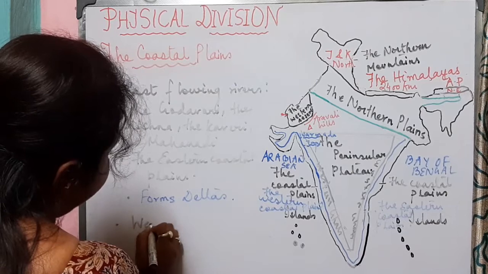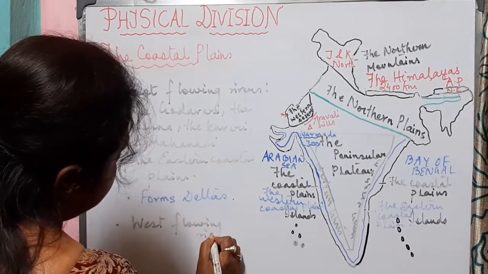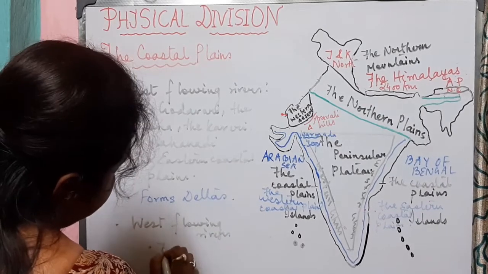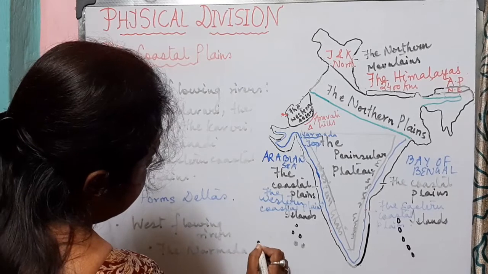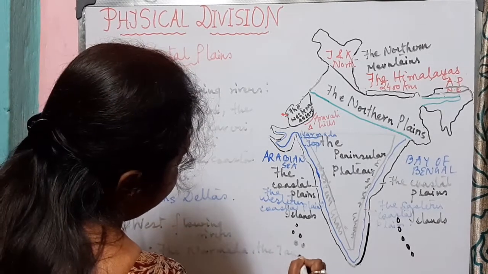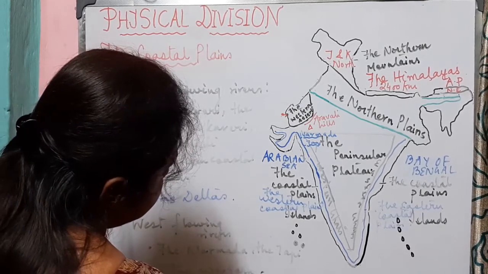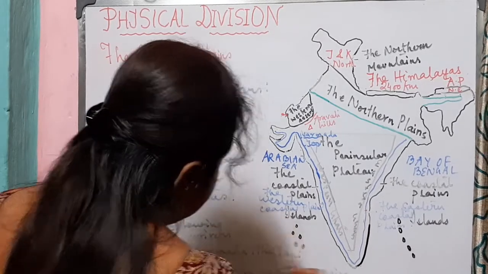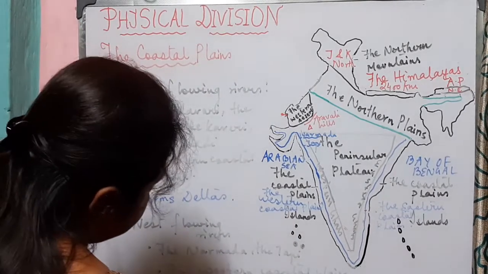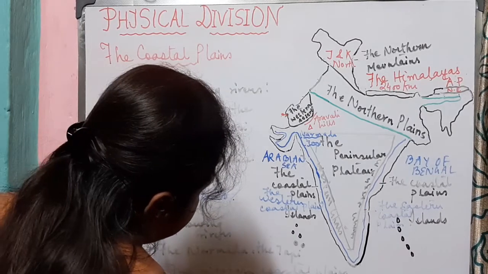Whereas the west flowing rivers, the Narmada and the Tapi, that flow through the western coastal plains, form estuaries.